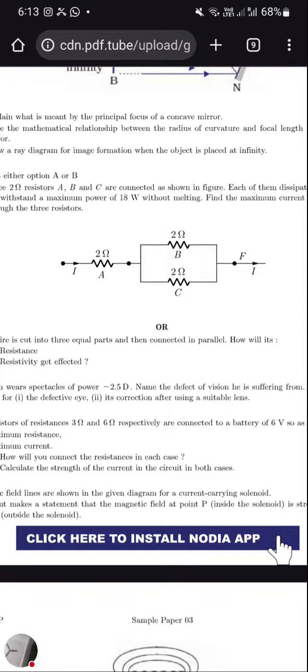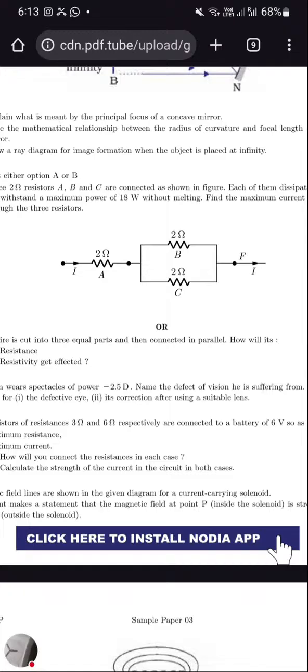First one is in series. So whatever current we are getting through the first resistor will get divided into two equal halves for the second two. 3 ohm. Okay, very good. For A it is 3. For B and C, half of the 3, that is 1.5 each. You wrote 3 ohm, that's okay. Equivalent resistance.